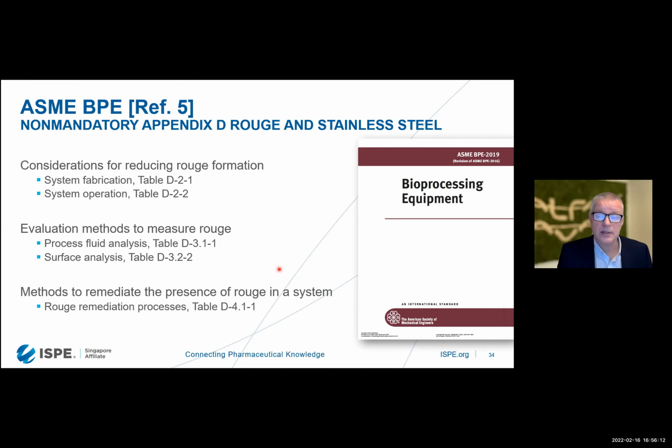They have a non-mandatory appendix in the ASME BPE standard, which is called Appendix D. It's not mandatory, but I still recommend following this appendix because it's the only standard I've seen that is really good at explaining the rouging situation in stainless steel. And they look mainly at three things. It's considerations for reducing the rouge formation, a little bit the same as I have been talking about in the previous slides.